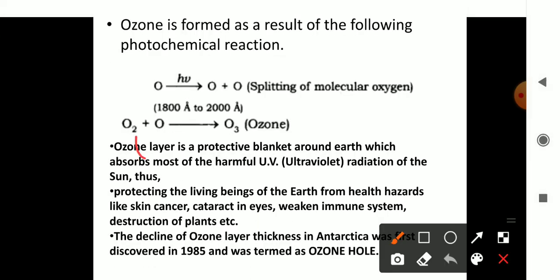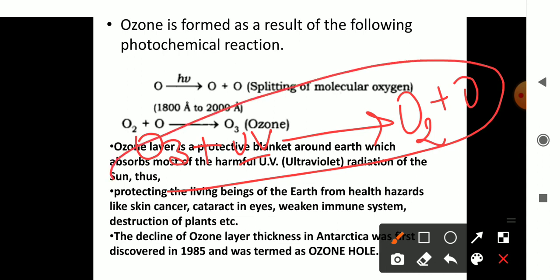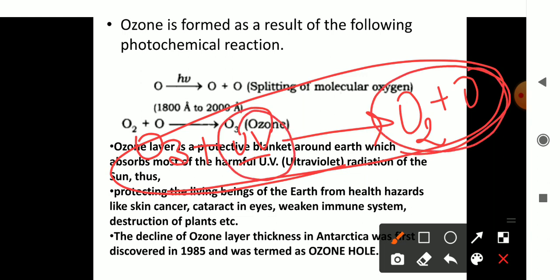Now once ozone is formed, it again absorbs the high energy of ultraviolet radiation from the sun, solar radiation, and splits up into diatomic oxygen and a free atom of oxygen. This is how ozone protects the life forms on earth, by absorbing the energy of ultraviolet radiation and splitting into diatomic oxygen and an atom of oxygen.